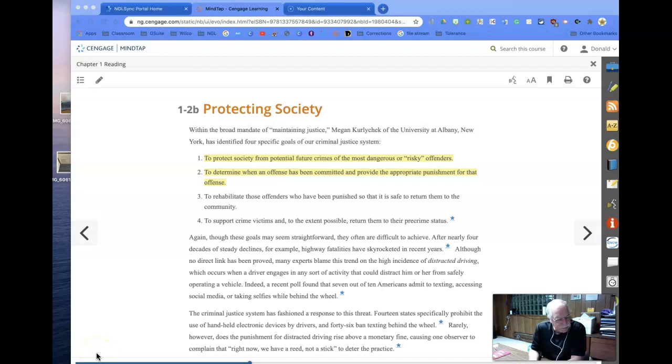Our second purpose is to protect society, a far-reaching objective, and it involves the fair treatment of criminals and those who may or may not have actually committed acts.